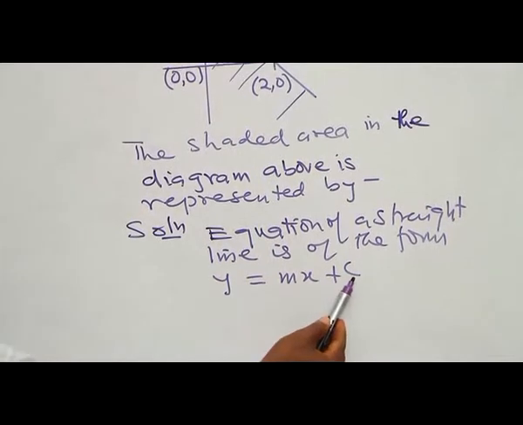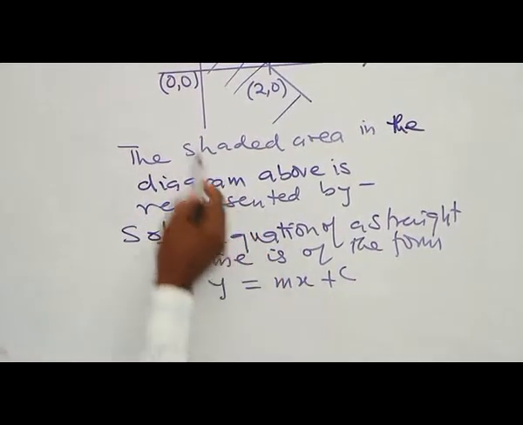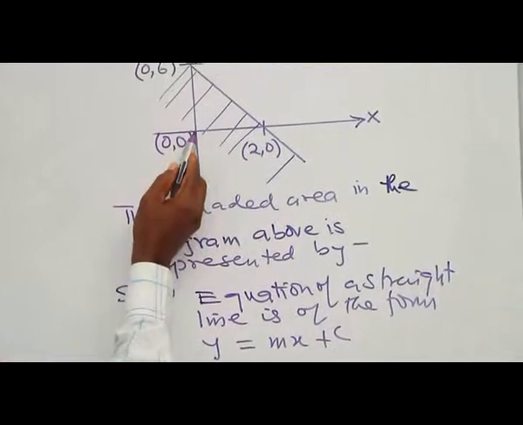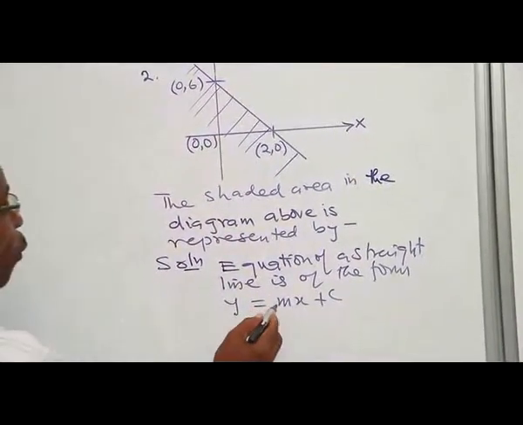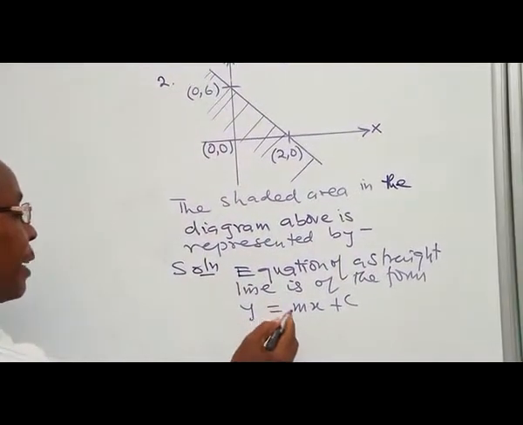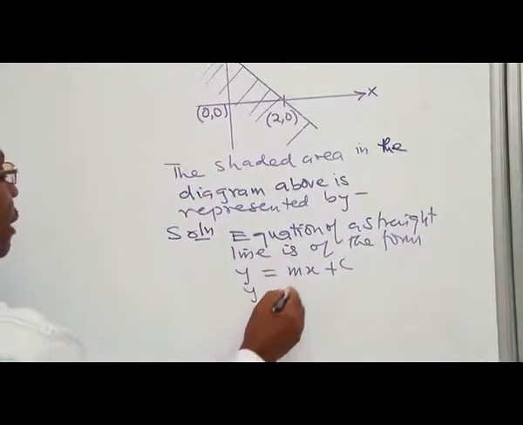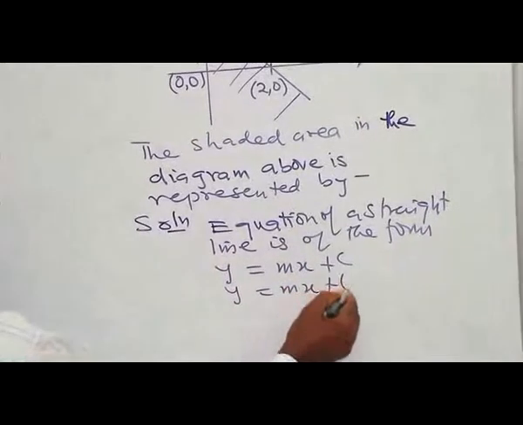The c, first of all, is the intercept on the y-axis. And the intercept on the y-axis here is 6. The m stands for your gradient. So y is actually equal to ms + 6.